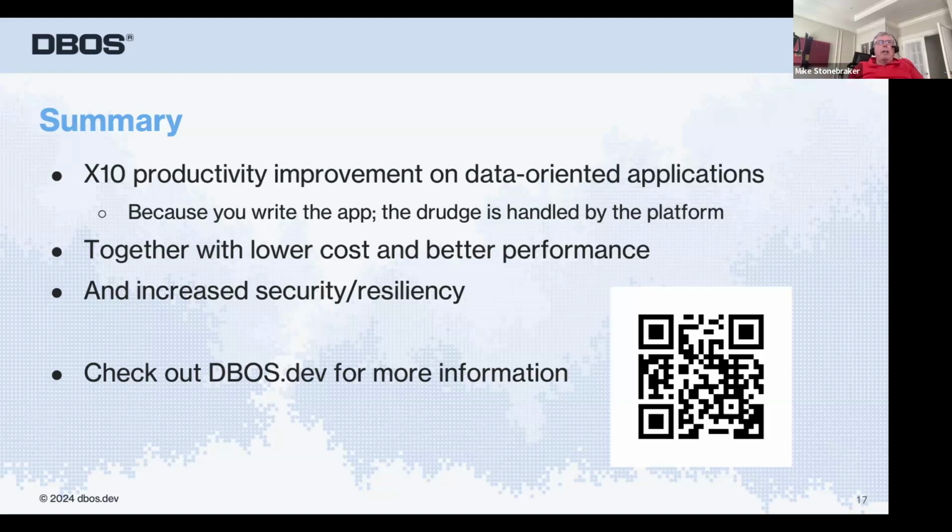So on data-oriented applications, you simply write the forward loop and we handle all the drudge work. Together with much lower cost and better performance against AWS Lambda and step functions, and increased security and resiliency.